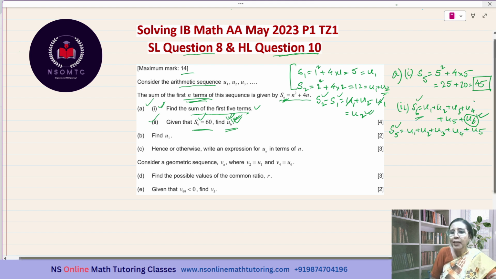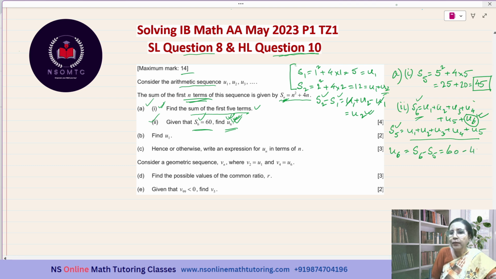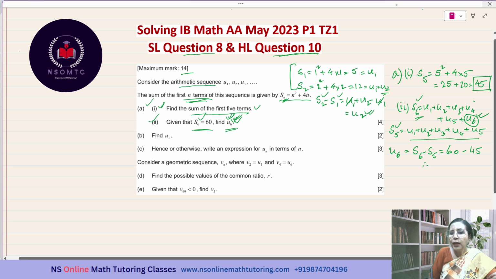The remaining terms are present in S5. So U6 equals S6 minus S5. S6 is 60 minus S5 equal to 45. Therefore U6 equals 60 minus 45, which is 15. So U6 is equal to 15.